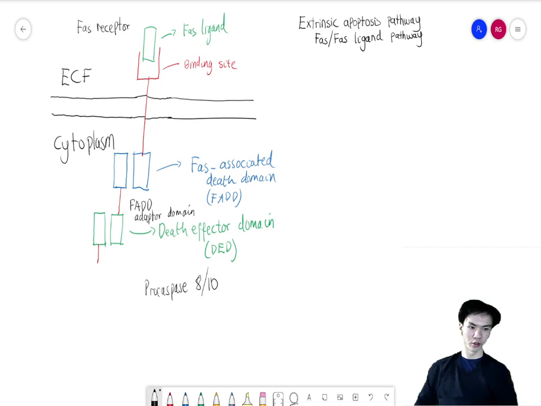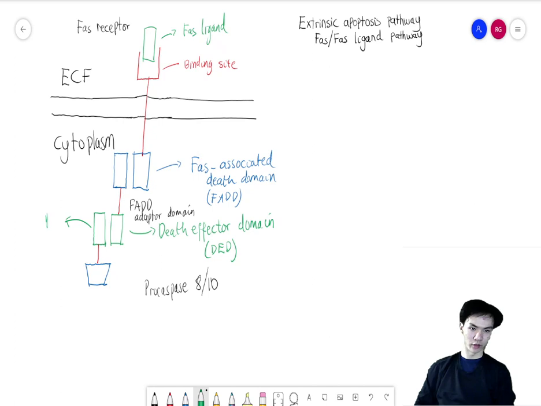So I'm going to represent that as pro-caspase 8-10, and I'm going to draw a pro-caspase here. Not every pro-caspase will have the death effector domain, in fact only pro-caspases 8 and 10 will have that, which is why only pro-caspases 8 and 10 can be activated by the Fas receptor.